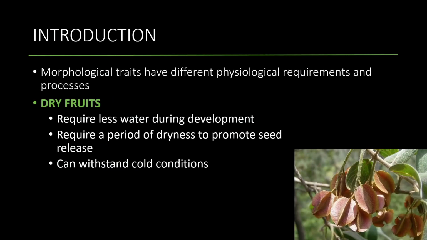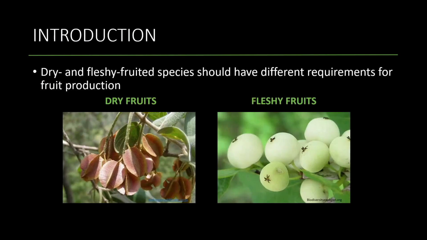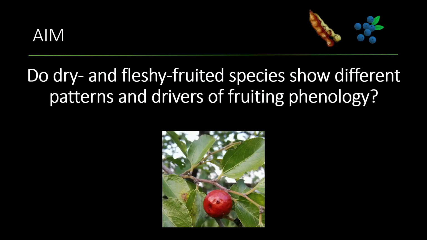This is in contrast to dry-fruited species, which generally require less water to be produced, but they also require a period of dryness in order to ripen. They can also generally withstand cold conditions better because they're not prone to the formation of ice crystals. Therefore, we would expect that dry and fleshy fruited species should have different requirements for fruit production, and that's what we set out to test in this study.